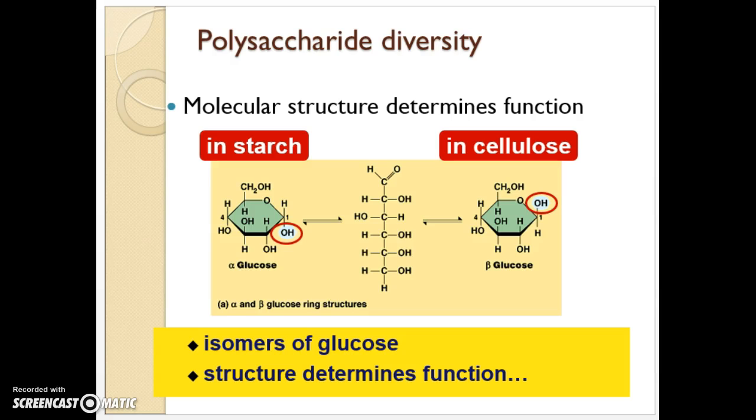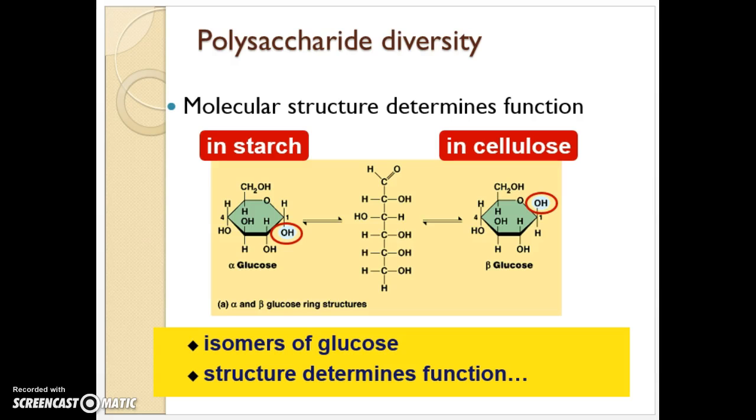When you hear about, eat your roughage, make sure you have roughage in your diet, what they're talking about is cellulose, because cellulose is something that's going to pass through the entire digestive tract without ever being digested. It's never going to be broken apart because human enzymes in the digestive tract only break apart the alpha linkages found in starches.